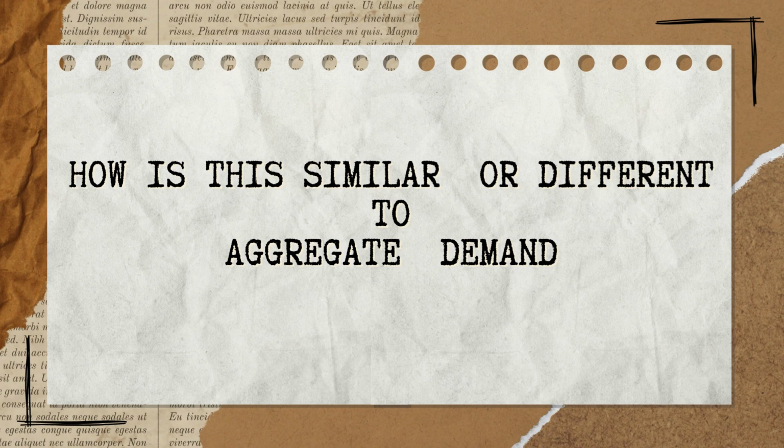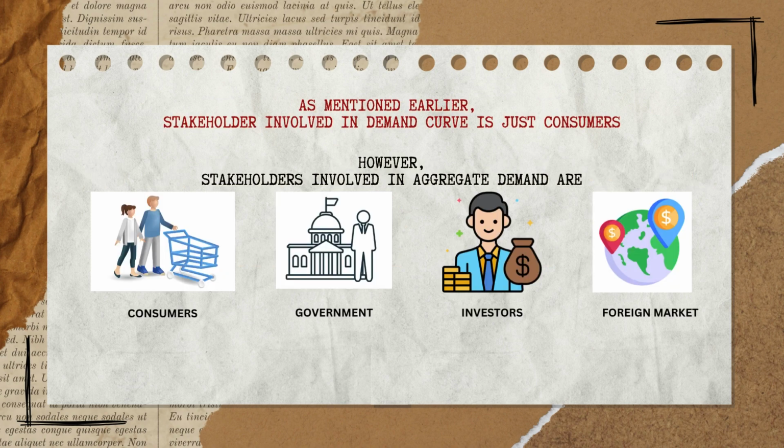How is this similar or different to aggregate demand? Earlier I mentioned that the stakeholder involved in the demand curve is just the consumer, right? Only the consumers are being affected by it. However, in macroeconomics, specifically aggregate demand, there are four stakeholders who are involved and who control and become the factors which affect aggregate demand.